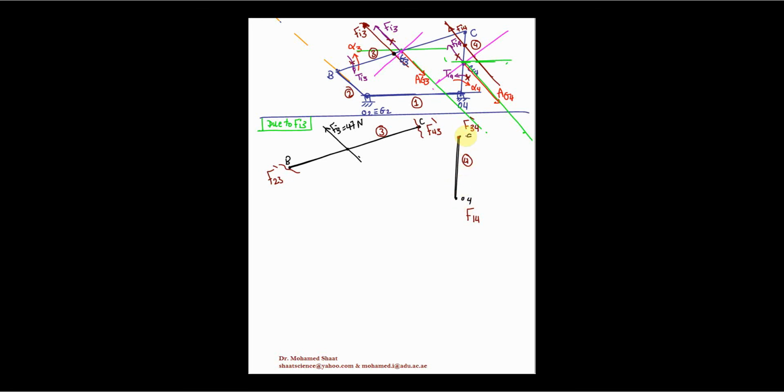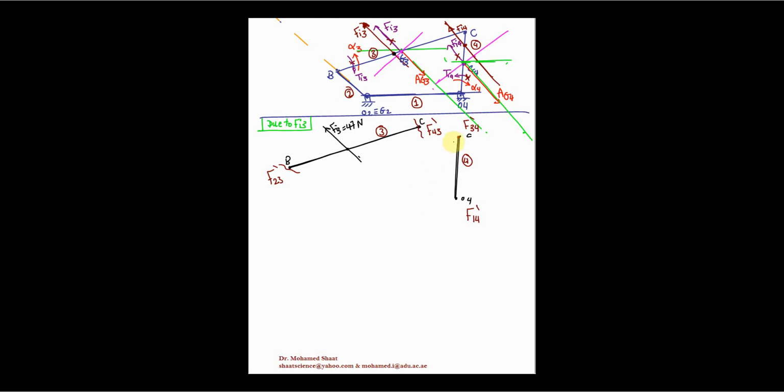And what is the thing that characterizes these two forces together? These two forces belong to a two-force member. Two-force member means that the two forces acting on the link should be opposite to each other, parallel to each other, and having the same magnitude, and their line of action should be coincident with the line that connects the two ends of the link together.